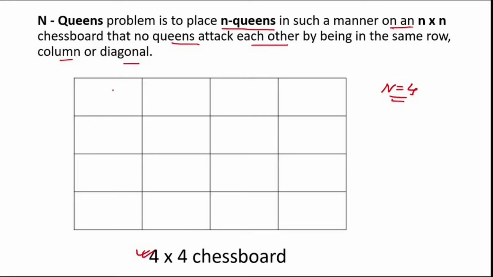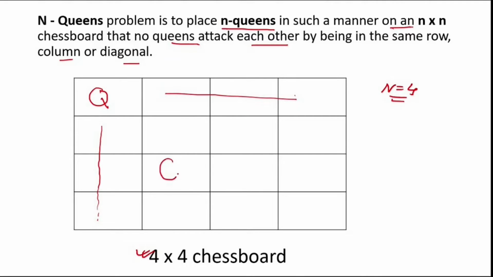That means if you place your first queen here, let's say this is my queen 1, then you cannot place a queen horizontally here, and you cannot place anything in this column, neither can you place queens diagonally. So where should you keep your second queen?